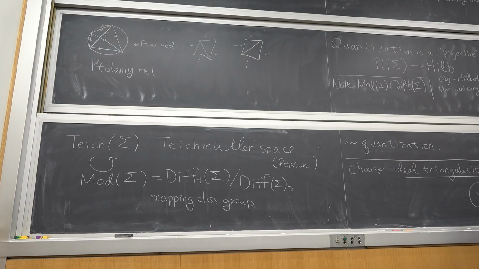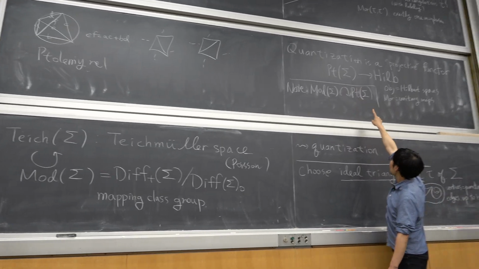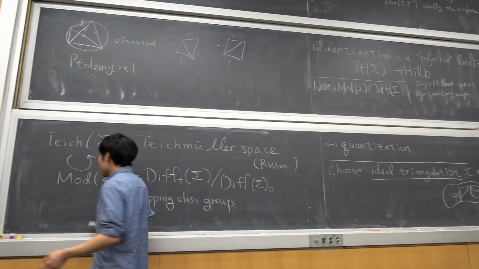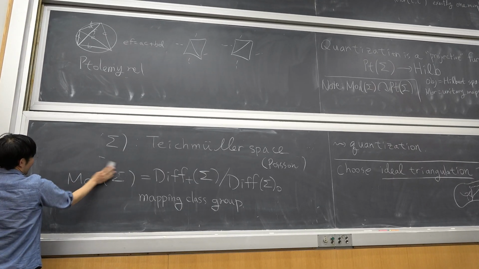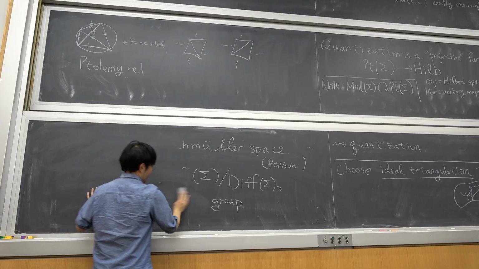So that's what we're trying to do. What we actually want to quantize is not just that projective functor, but you want it to have the right invariance or equivariance under the action of the mapping class group.